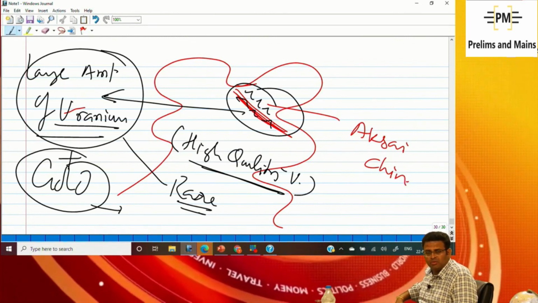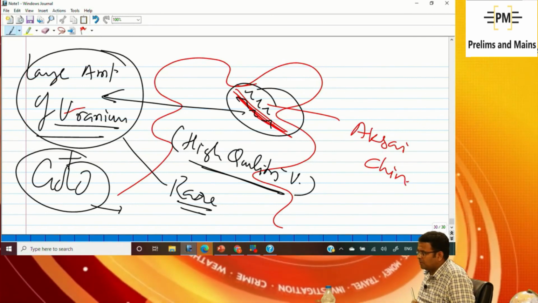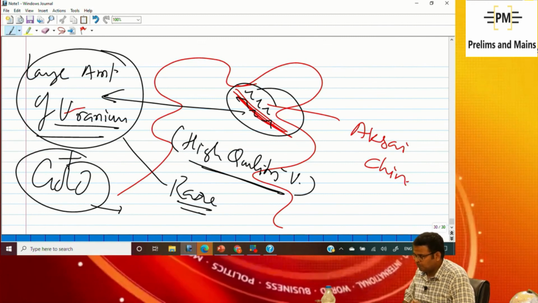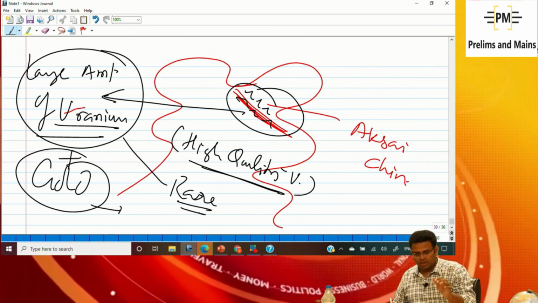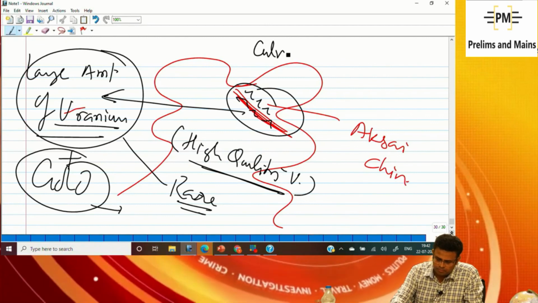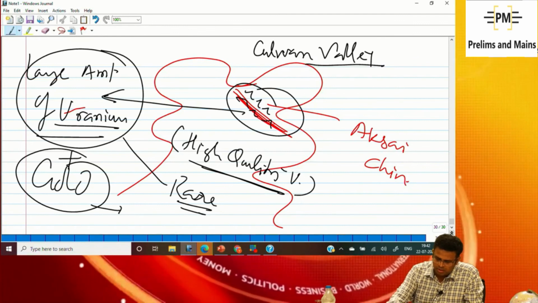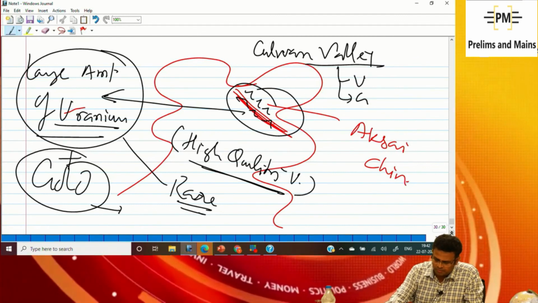Now India has it there, so it will think of extracting the uranium from there. So the Galwan Valley has uranium as well as gold.